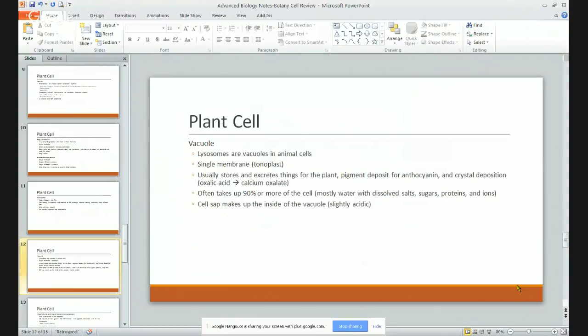Because of that, if you were to get an abundance of oxalic acid, it can bond with calcium and create calcium oxalate.